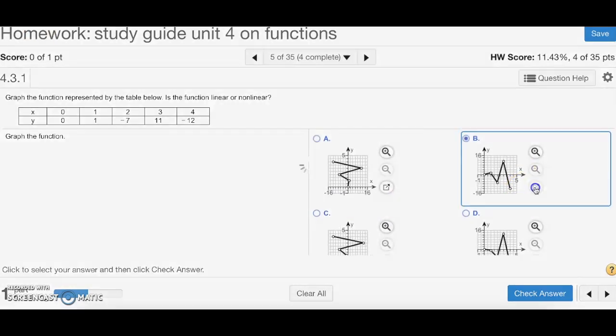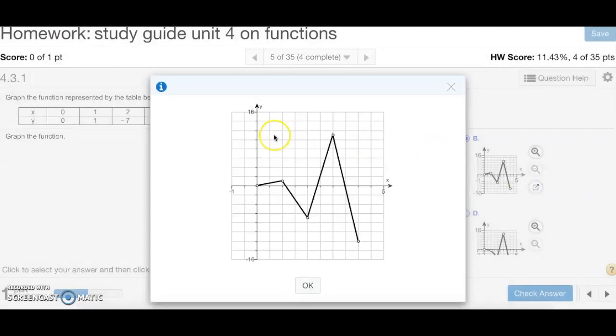So let's try B. Okay, so looking at the range, every other dash is a whole number. So 1, 2, 3, 4, and 5. So this is 1. Looking at this, it is 2, 4, 6, 8, 10, 12, 14, 16. So the y's go up by 2's. So that means this is 0, 0. This would be 1, 1 because halfway between 0 and 2 is 1, and this is x for 1.